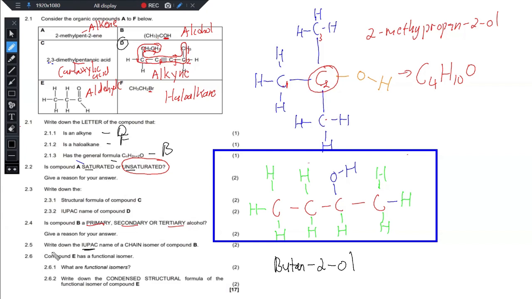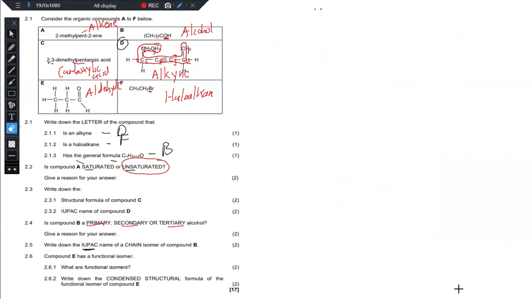Then we have 2.6. It says compound E has a functional isomer. What are functional isomers? Let's check.